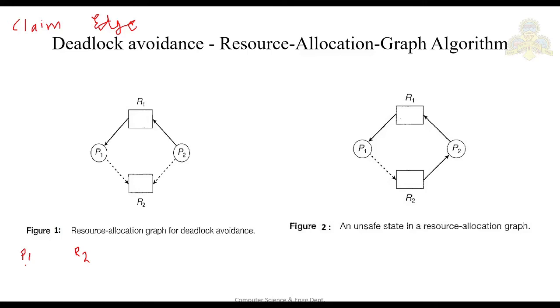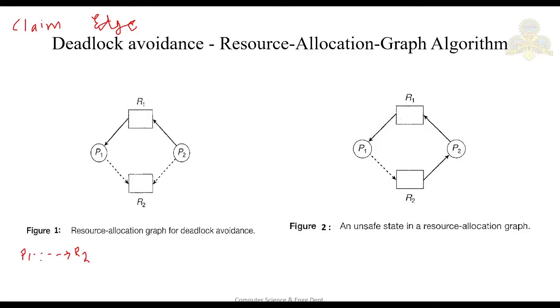In this case your process P1 might think that it might need the resource R2 in future. Right now it might not need it, but your process thinks that it might need resource R2 in the future. At that time, the claim edge exists from your process P1 to the resource R2, and we denote it with a dashed line and an arrow pointing to the resource.